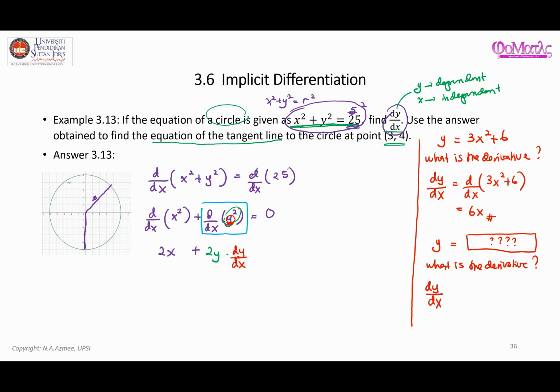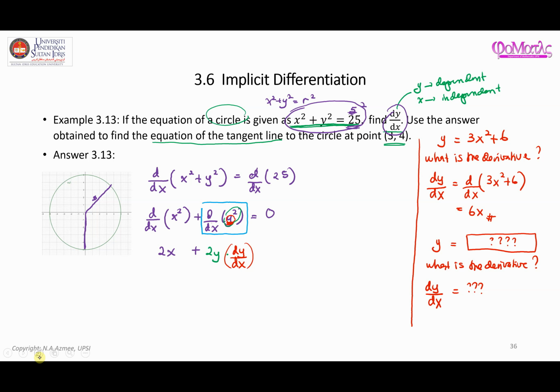Well, there's nothing else that you can do, because you really don't know what dy dx is. You cannot solve this whole thing yet, so you can just leave it at that point. We don't know what y is for sure, so we can just say the derivative of this function is going to be equal to dy dx, and stop at that point for the moment.